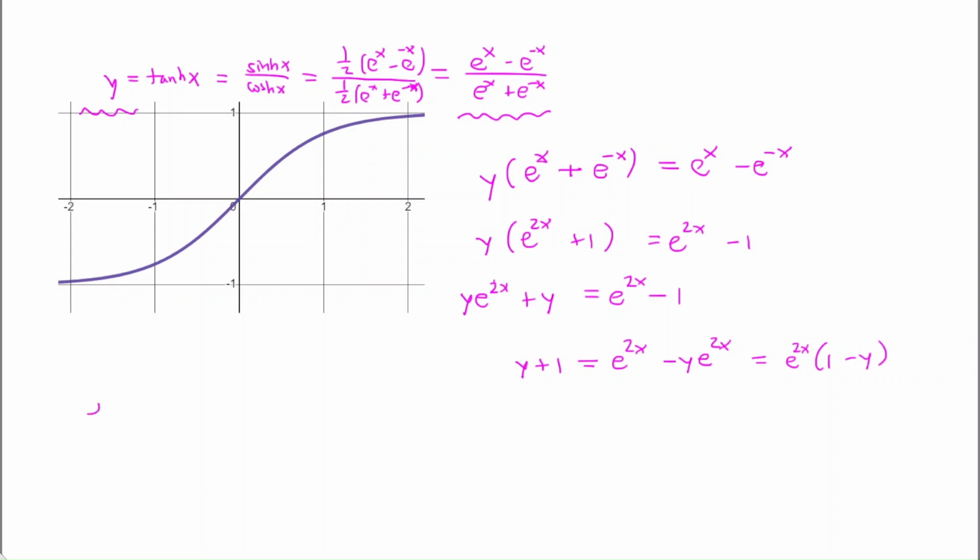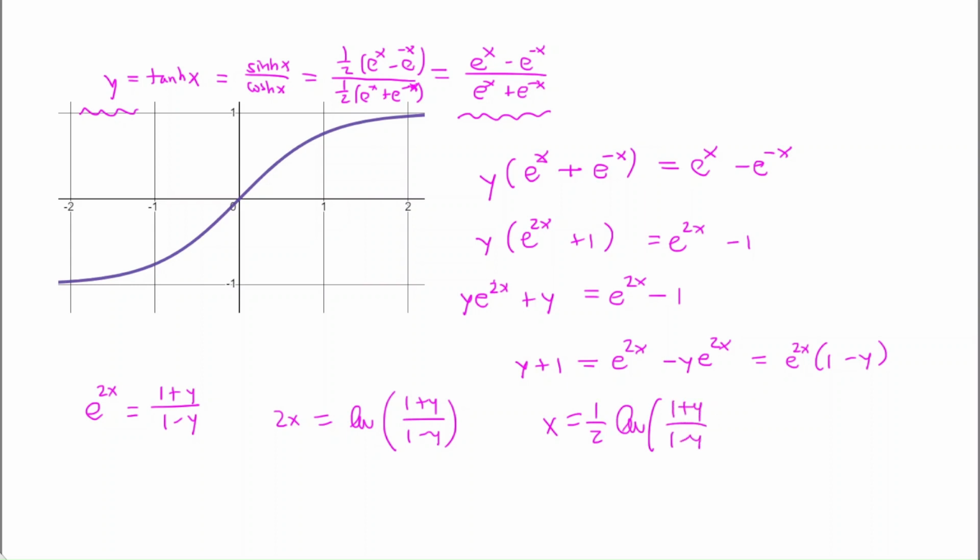So what I'm going to get here is e to the 2x equals, it looks prettier if I write this, (1 plus y) over (1 minus y). 2x then is going to be a natural log, and then solving for x, 1/2 natural log of (1 plus y) over (1 minus y).